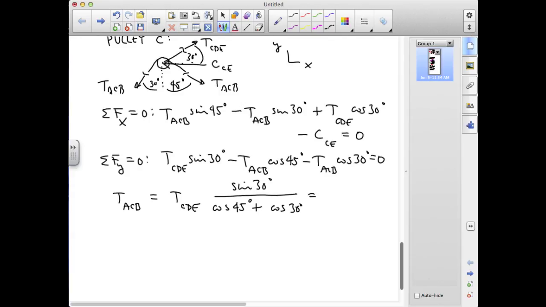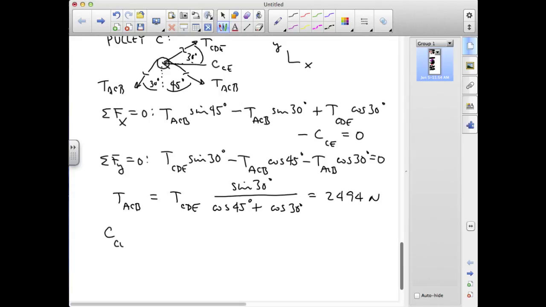And since I've previously found the tension in CDE as being equal to the force F of 7848 newtons, when I plug these numbers in, this turns out to be 2494 newtons.